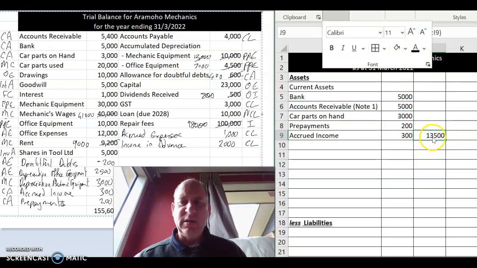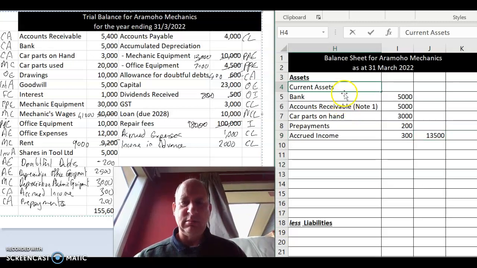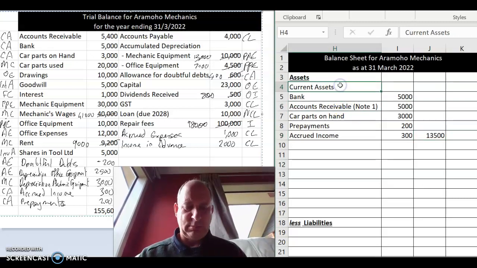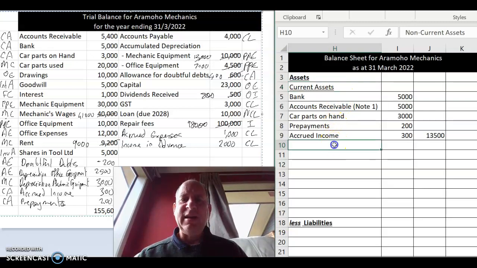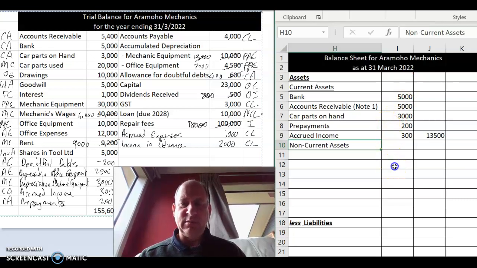And when you're finished, you get a total for the current assets. Nice. So current assets are a heading, so we might underline that one. Our next section is called non-current assets, and underline that one as well.